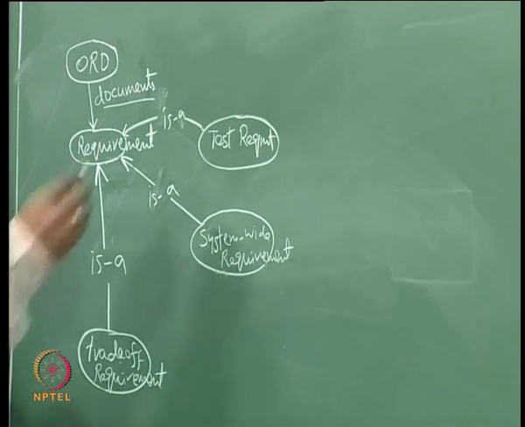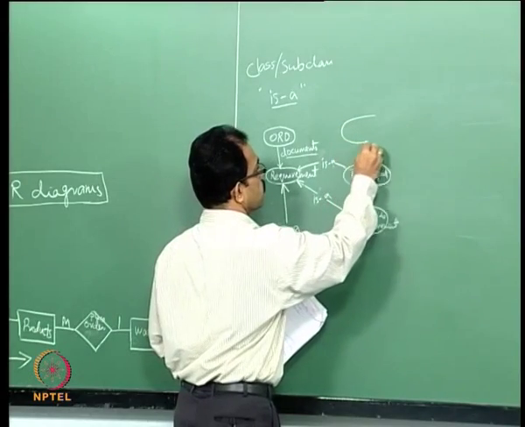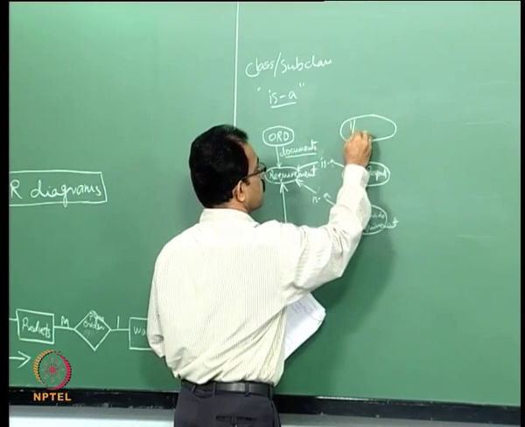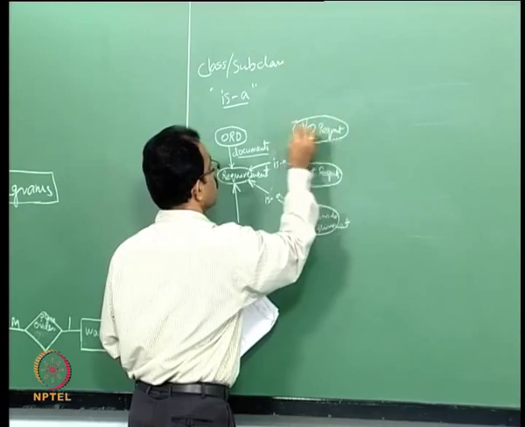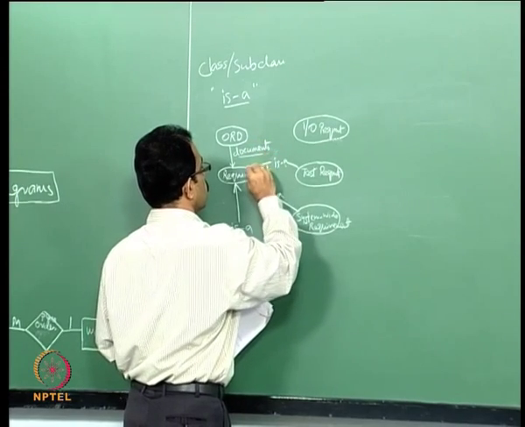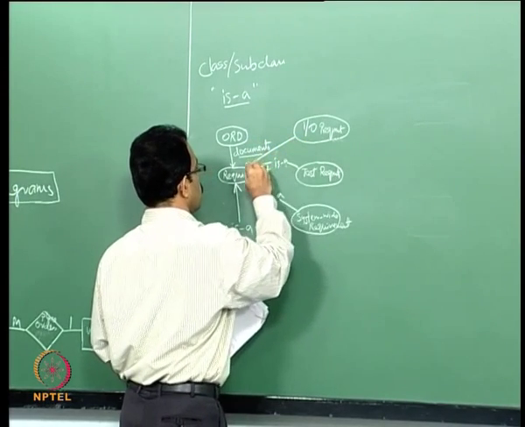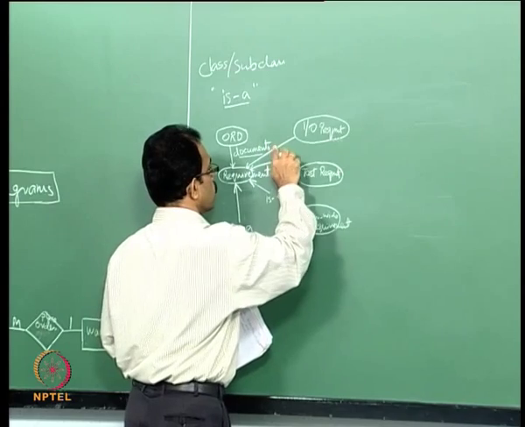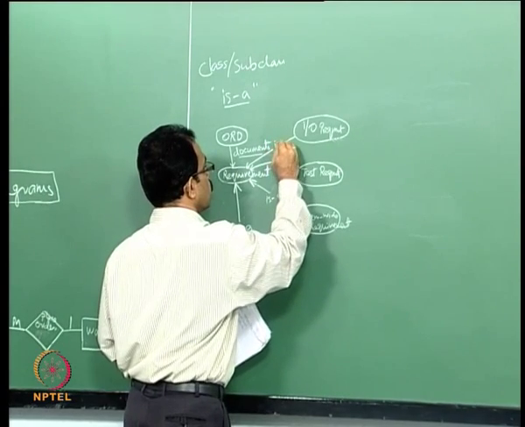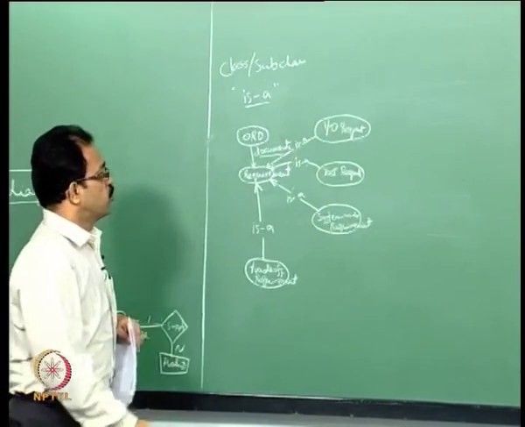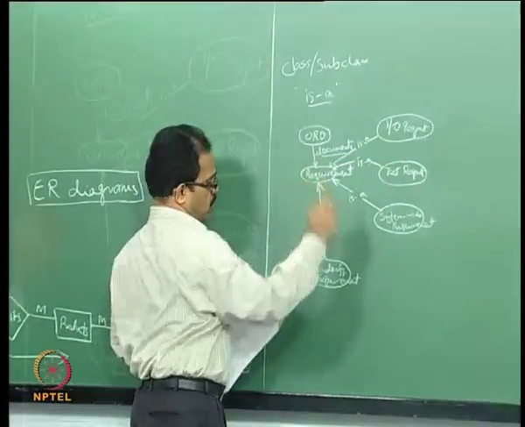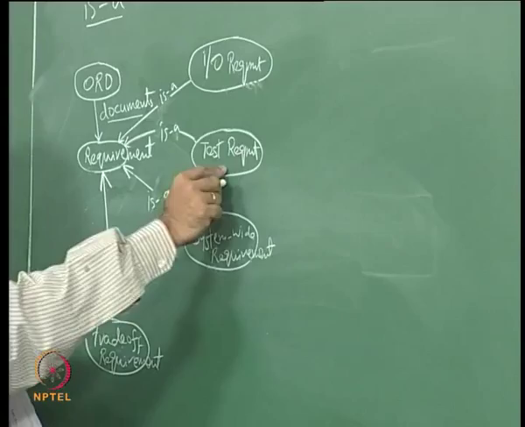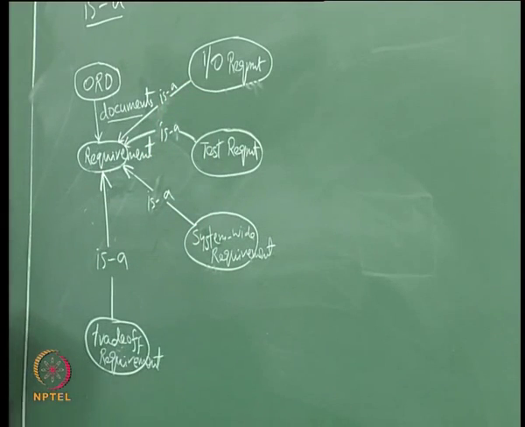Then you have the input output requirements. So, input output requirement is a requirement. So, these are all the subclasses of requirements: trade-off requirement, system wide requirement, test requirement, input output requirement.